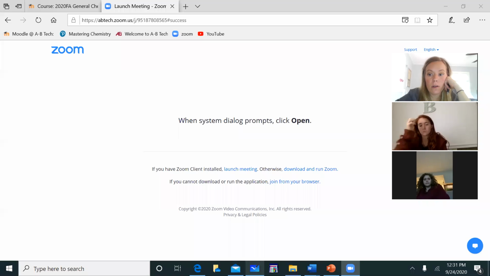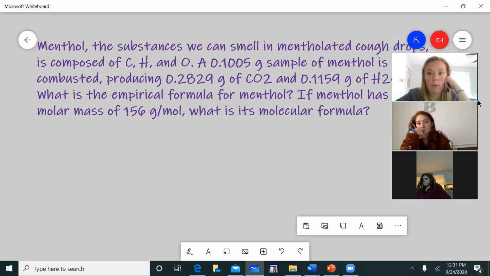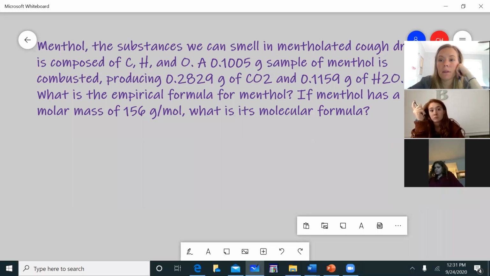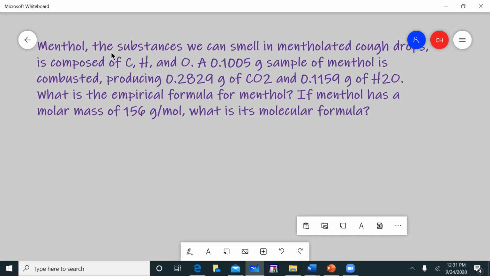Okay, so here is the problem we're going to be looking at. Menthol, the substance we can smell in cough drops, is composed of carbon, hydrogen, and oxygen.